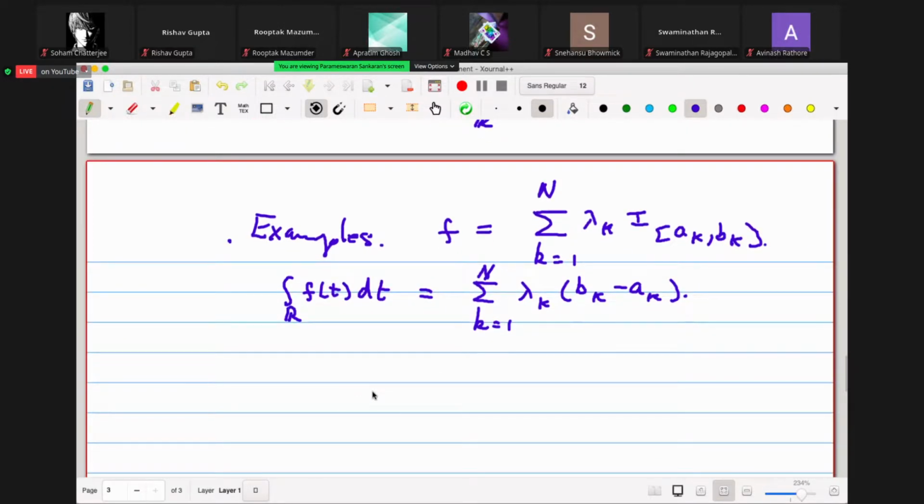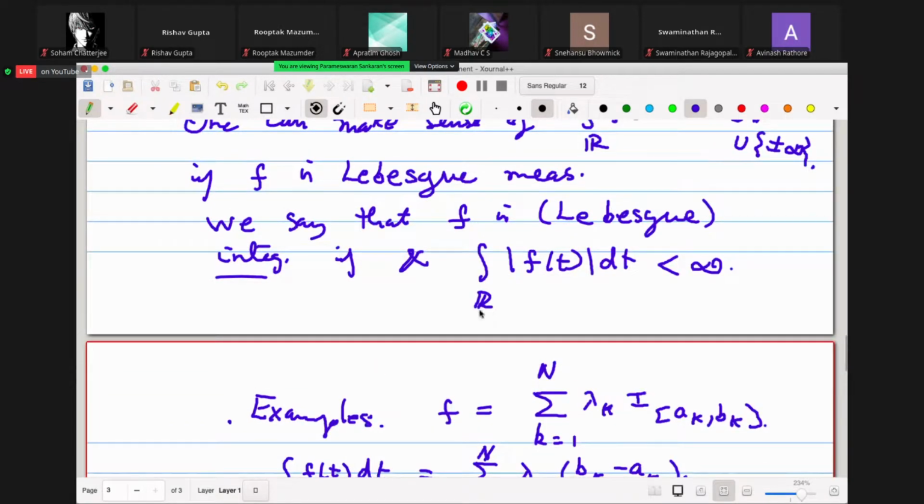From the definition itself, it will follow that if you have a continuous function or a monotone function which is vanishing outside a compact interval, then they are all integrable over the whole thing. Mind you, first of all, you take the absolute value and then try to do this.